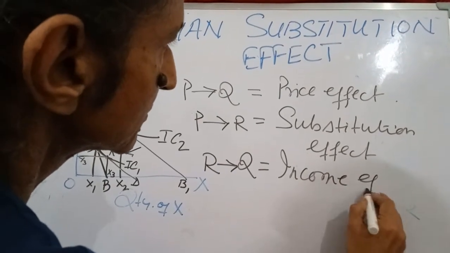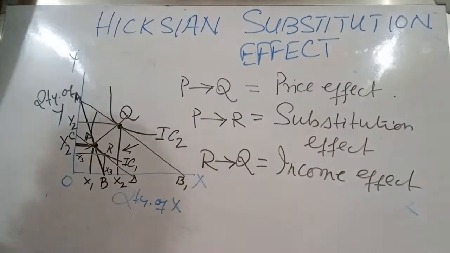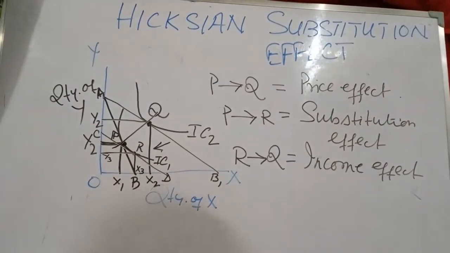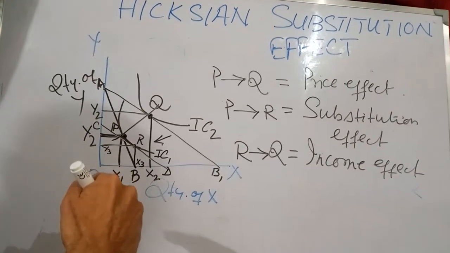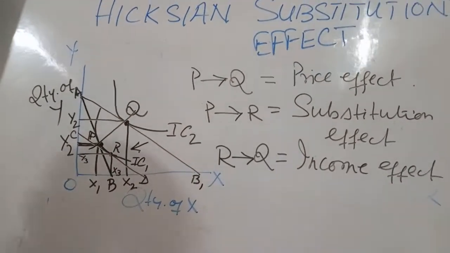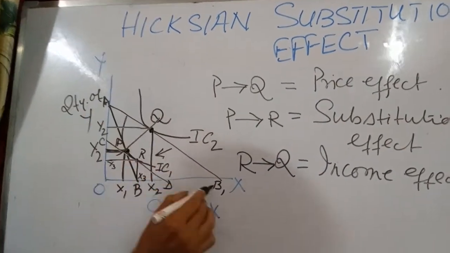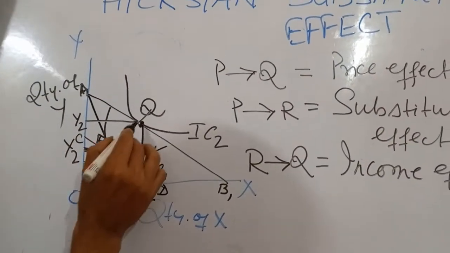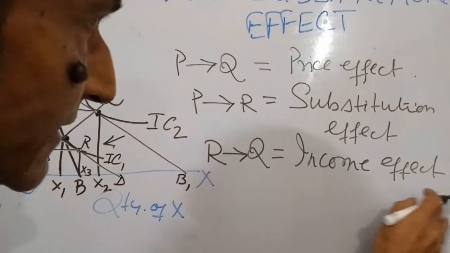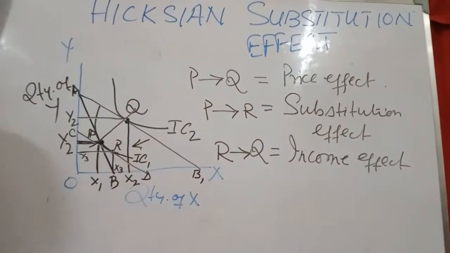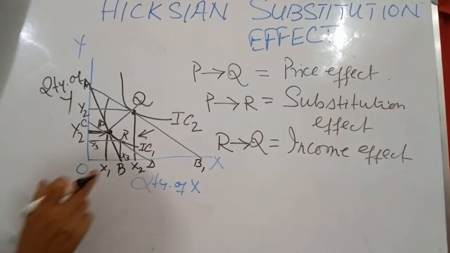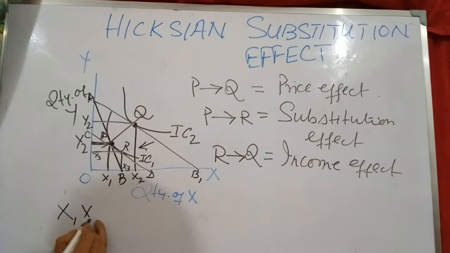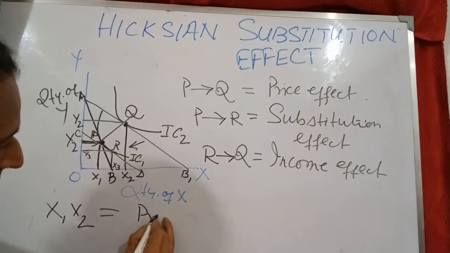Why? Because in reality his real income has not been taken back. Now suppose his real income is given back to him. So he goes to this budget line AB1 and reaches here. So R to Q happens due to increase in real income. In terms of quantity purchased, X1, X2 is price effect.